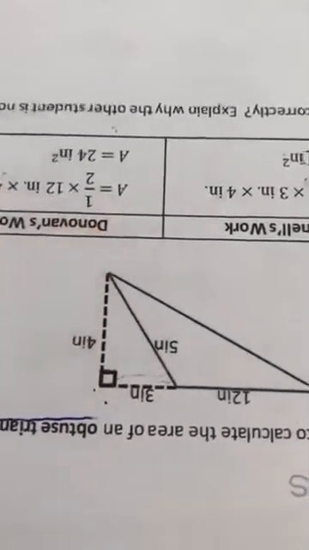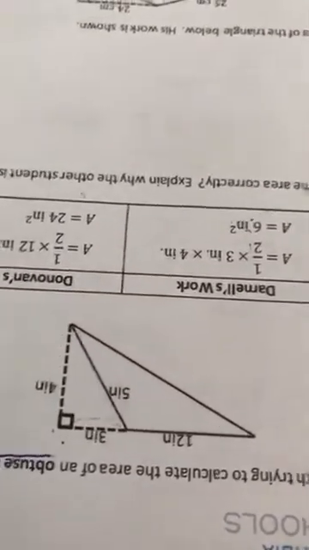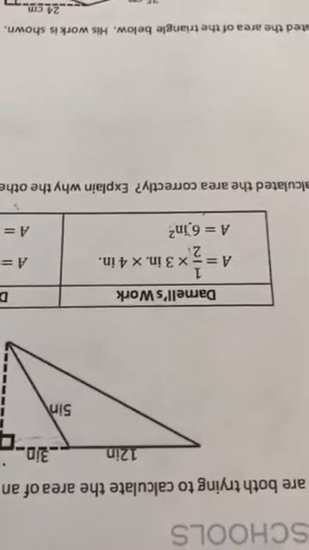Okay, so that was a formula, 1/2 base times height. So you got the 1/2 right. 3 inches for the base and 4 inches for the height. All right? So is Darnell right?